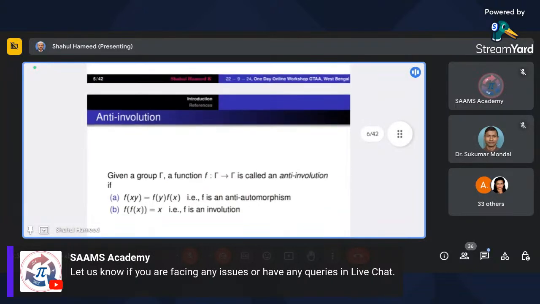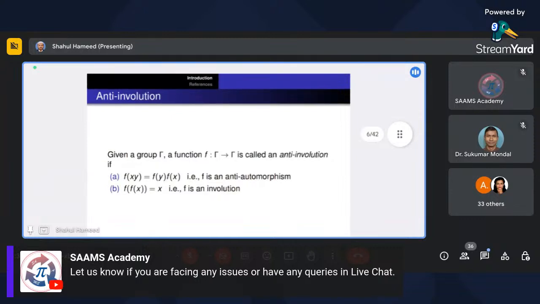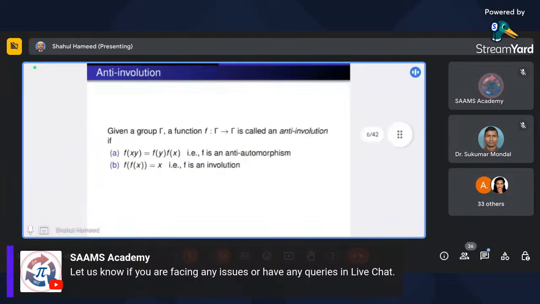Now moving ahead, we'll see what we call skew gain graphs. Before that, we require one more thing which we have to define: anti-involution. If we have an algebraic group gamma, a function f from gamma to gamma is called an anti-involution if f of xy is f of y into f of x.